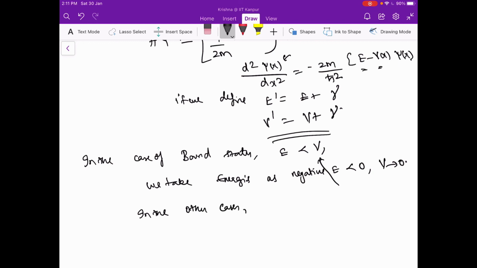where E is not less than V, which is called scattering states, we'll soon see what it means to be a scattering state.